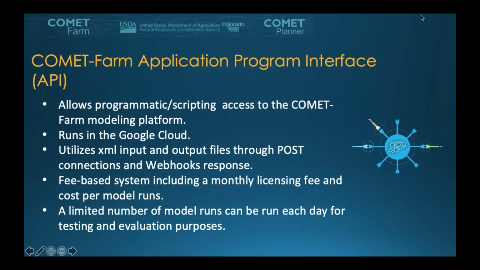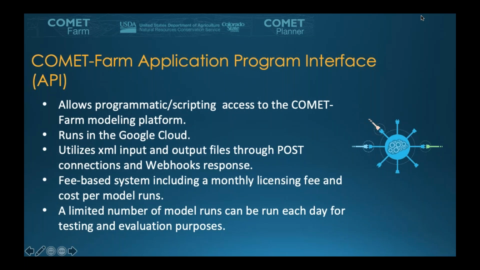And so use of the API is generally free for limited use. So if you're running less than 50 model runs a day, it is also free for USDA sponsored projects. But large scale analysis, so for those that are running corporate and commercial analysis, requires us to charge a small fee to run the API through the cloud.